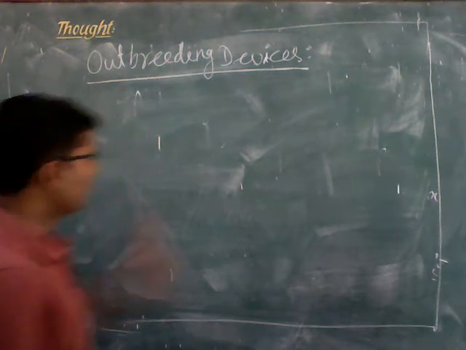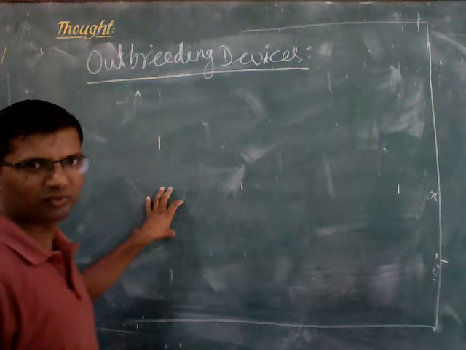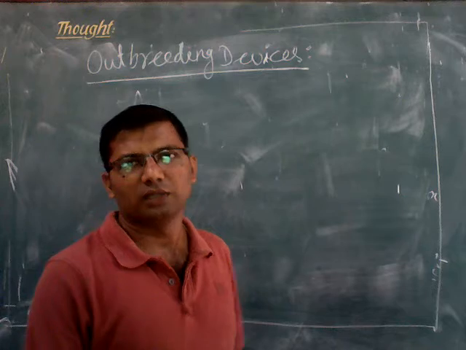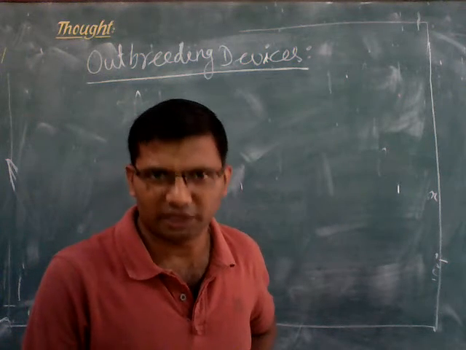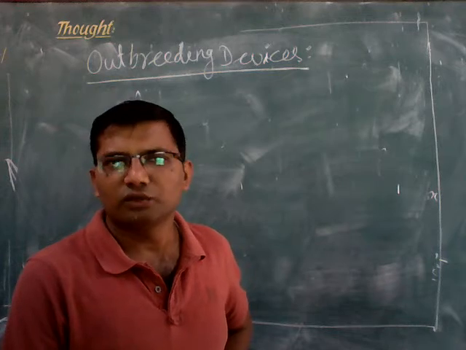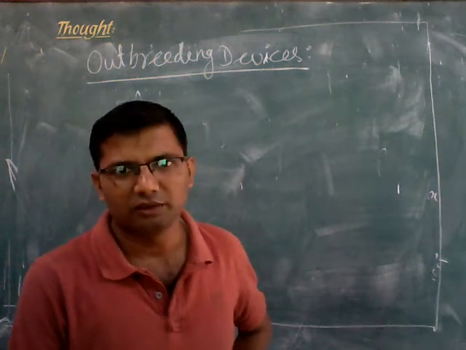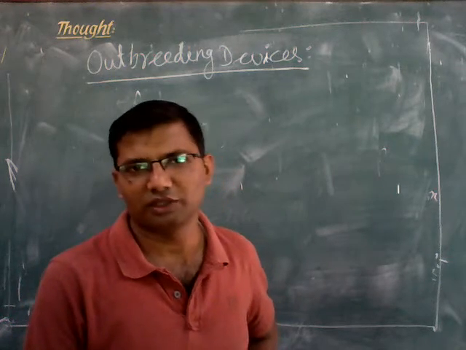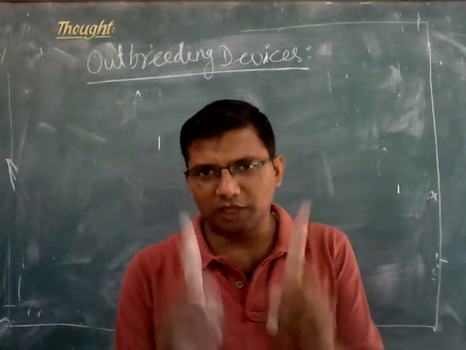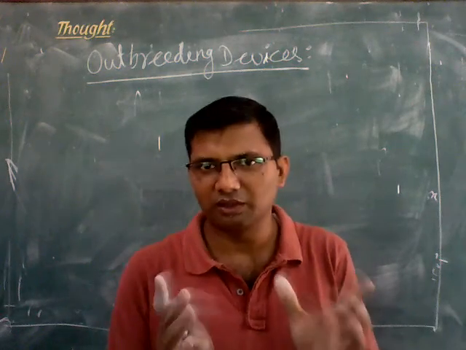Now, most of the flowers are hermaphrodite, but I already have told you that self-pollination is rare in nature. Most of the flowers, the majority of the flowers, are not self-pollinated. So how do they avoid the self-pollination? Now the androecium and gynoecium are present in the same flower.